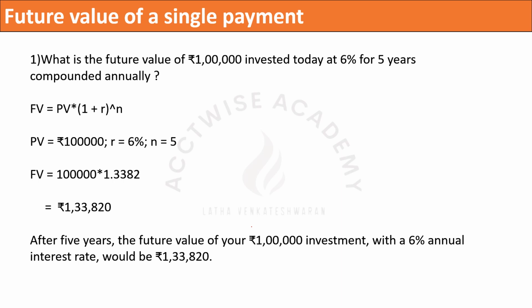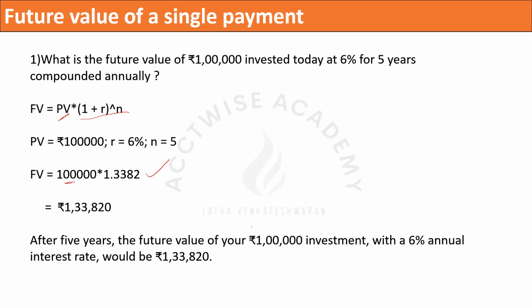This is the problem which we are discussing about. From the FV table of single payment, what did we find out? We found out the value of (1 plus r) the whole power n. So what is (1 plus r) the whole power n? It is 1.3382. So we substitute here. And we multiply with the present value. What is the present value?